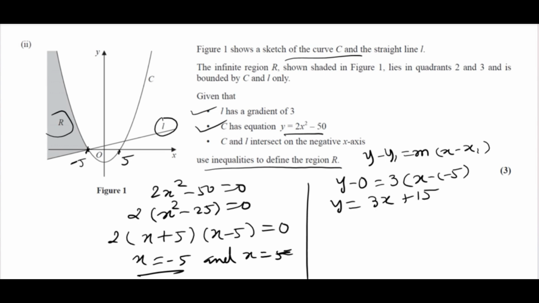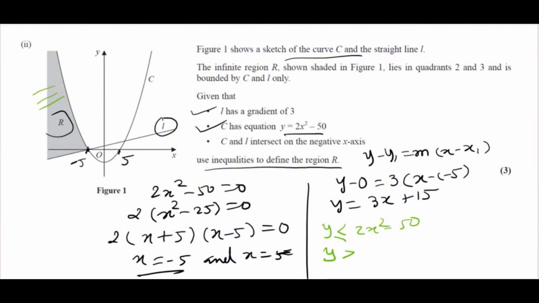Now we can write the inequality. So as you can see here, this part is outside the curve. So we can write y less than or equal to 2x squared minus 50. We can write the equal to sign as well, because there is a solid line. For the other line, we can say it is the upper part, so the greater value is there.